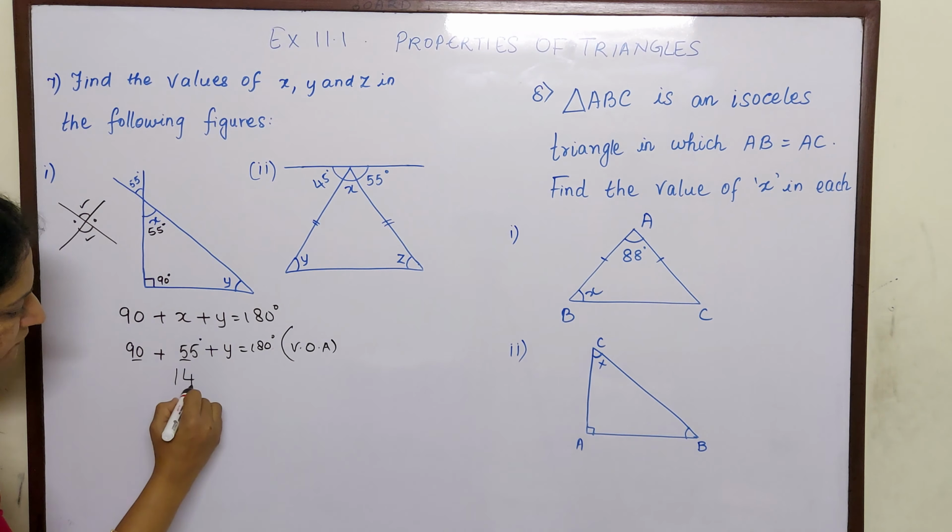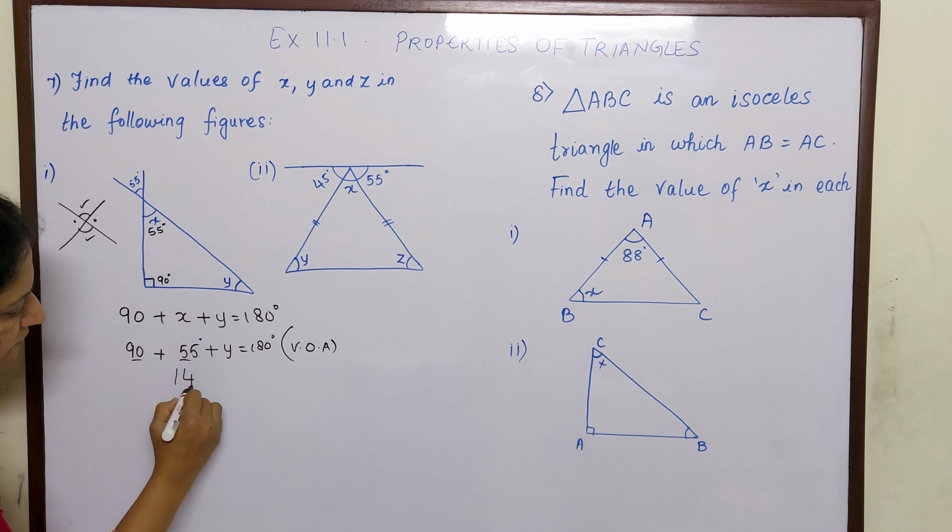In triangle XYZ, XY is equal to XZ. Why? Because this says that they are equal sides. And a triangle having two equal sides is known as an isosceles triangle. And in an isosceles triangle, the angles opposite to equal sides are also equal. You can see the base angles are equal.